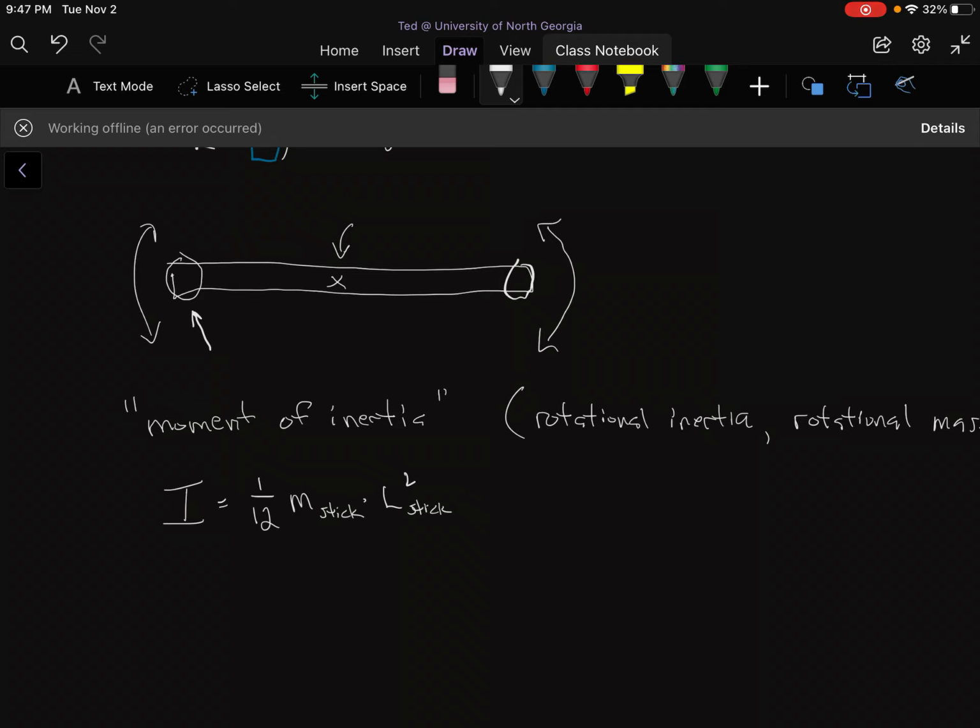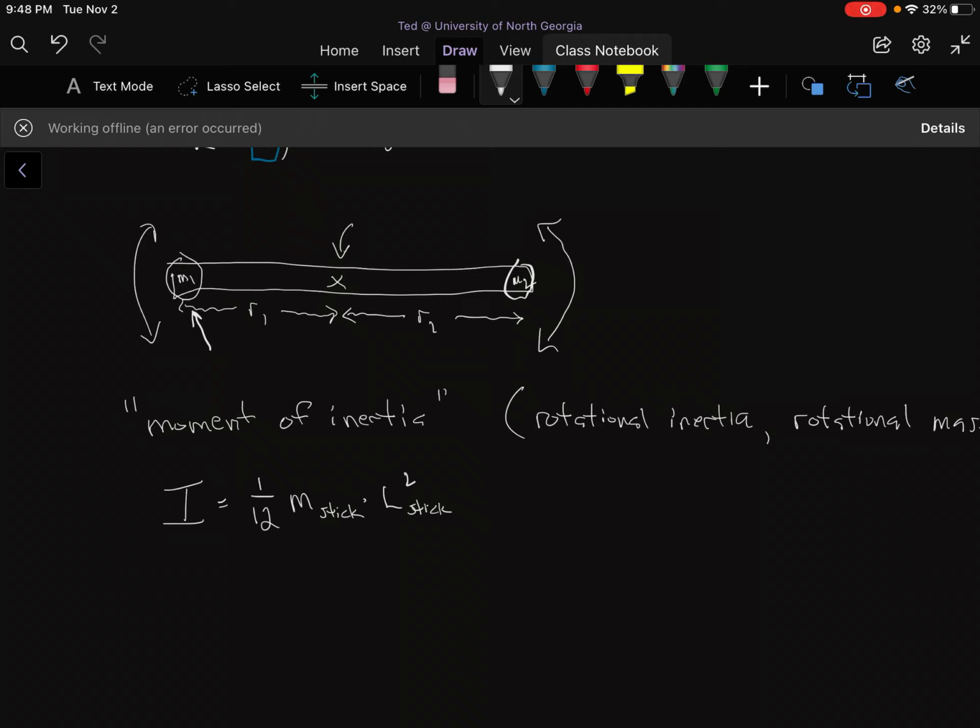Okay, but what about these other little masses that we've added to the stick? Well, they increase the moment of inertia. So if this is mass 1 and this is mass 2, then we also need to know how far away those are from the axis of rotation. So I could call this R1, the distance from the axis of rotation to the first mass, and R2, the distance to the second mass.